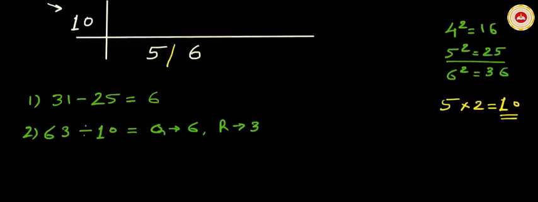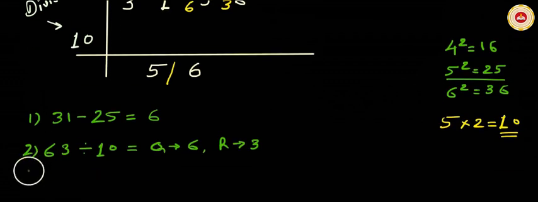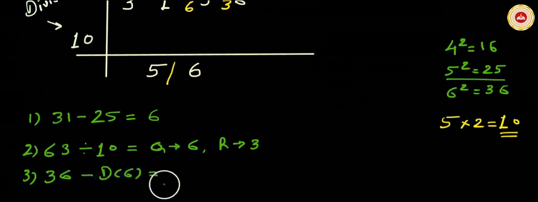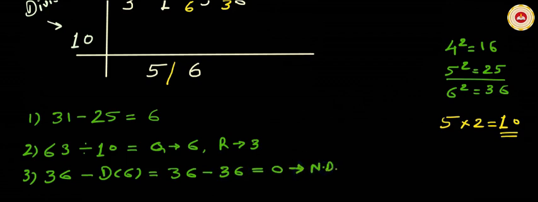So let us subtract, step number 3: gross dividend 36 minus duplex of 6. How to calculate the duplex of a single digit? Just square it and you will get the duplex of that digit. 36 minus duplex of 6, which is 36, gives you 0. Now this 0 is the net dividend.